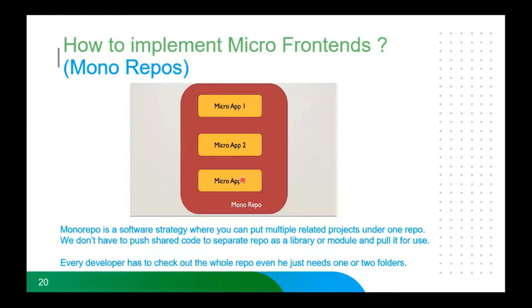The disadvantage is that the developer needs to check out the whole repository, even if he is interested in working on micro app 1 only, or maybe micro app 1 and 3. So that's one disadvantage in this.